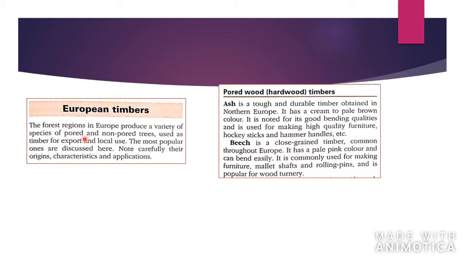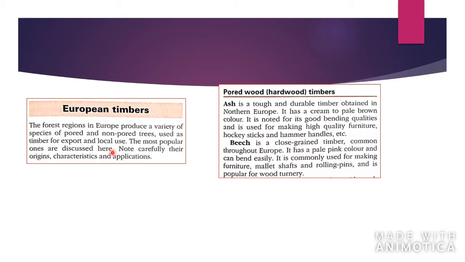So these are exported all over the world, African timber, South American timber, all over. You have demand for certain types of wood that people use for certain jobs or purposes, so they are exported and imported around the world.